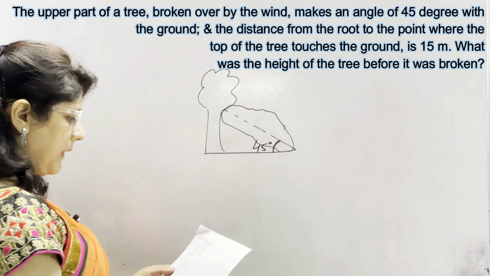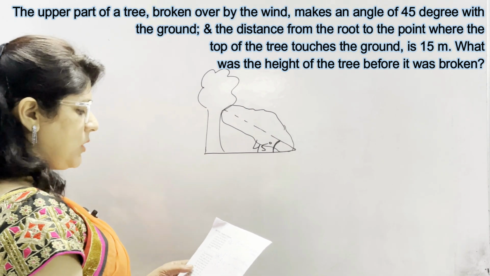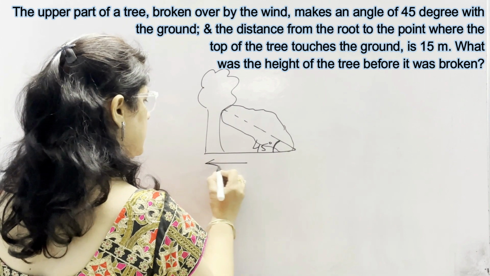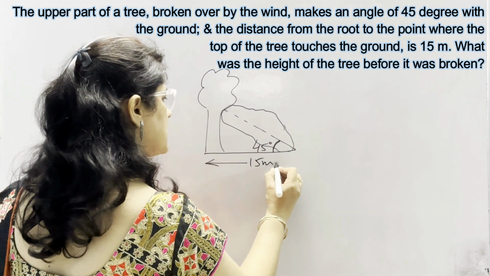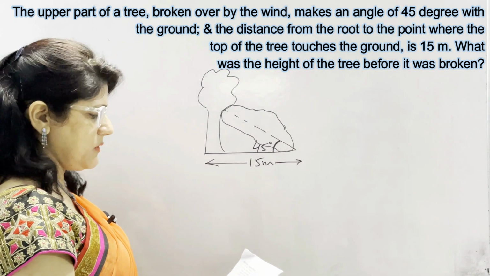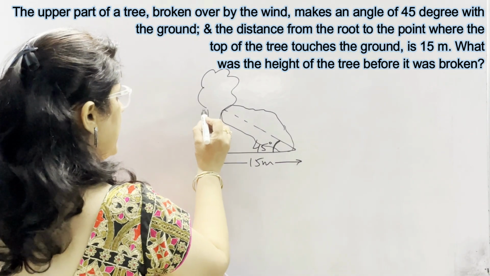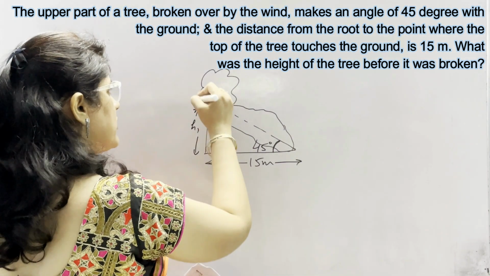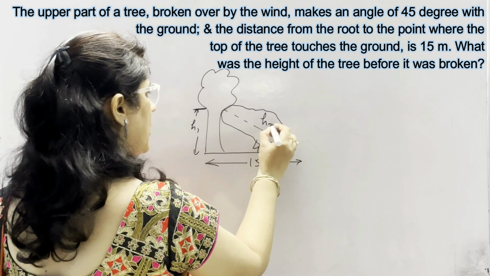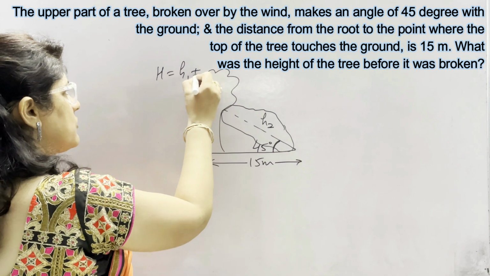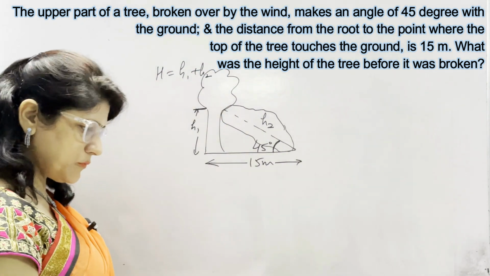And the distance from the root to the point where the top of the tree touches the ground is 15 meter. What was the height of the tree before it was broken? So let this height be h1 and this upper part which has come to the ground be h2, and total height h is equal to h1 plus h2.